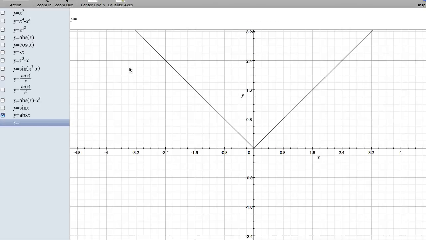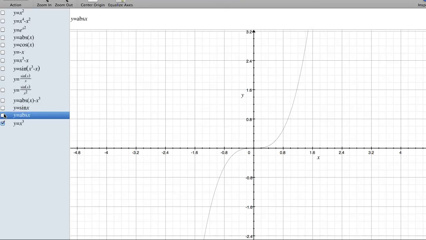Let's put x cubed there, and let's plot that. Here's x cubed. And this function is symmetric across here, and it's also symmetric across here, but there's no values of the function, so it's trivially symmetric across there.